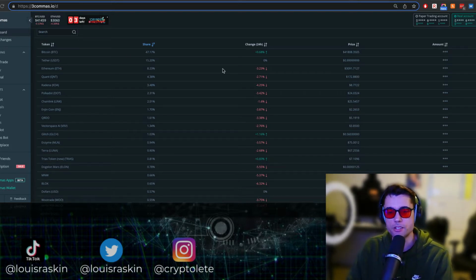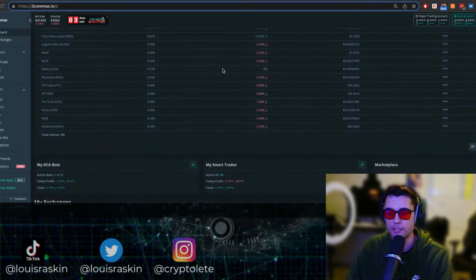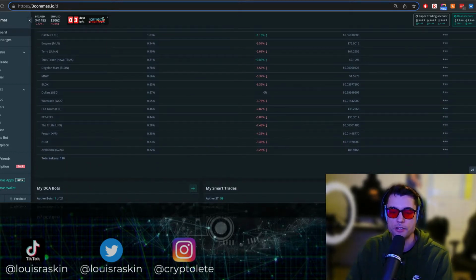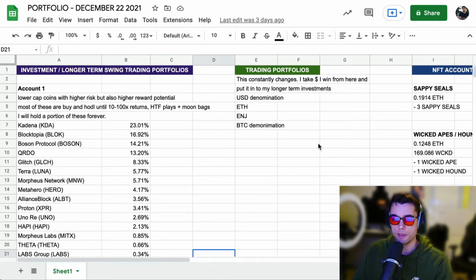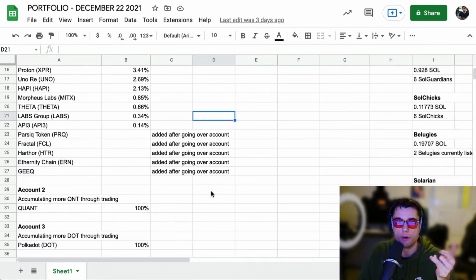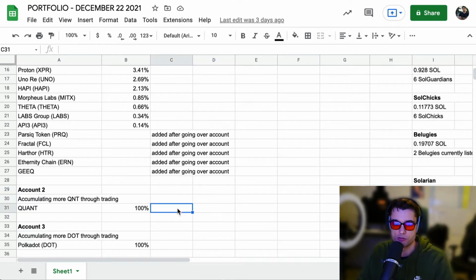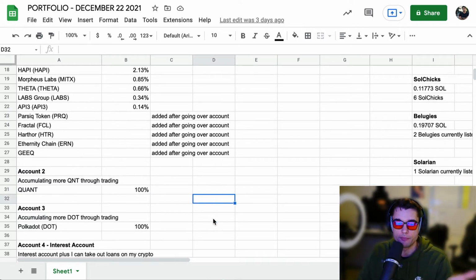What I do is I go into them one by one, and I put it into a spreadsheet. And so this right here is the spreadsheet, and this is me taking in all of my different accounts. So I have my account 1, which is my longer term swing trading account. Then I have my account 2, which is another longer term swing trading account, except it's strictly for quant. I did the same thing for DOT.